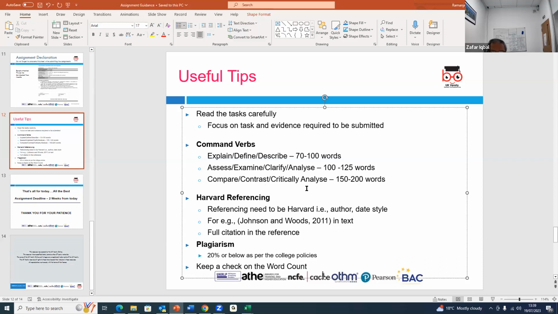So that requires more difficult work, and basically it goes up to say 150 to 200 words, for example. So it gets more and more complex as you go from explaining to comparing to recommending to analyzing to critically analyzing and so on. So you look at the command verbs.